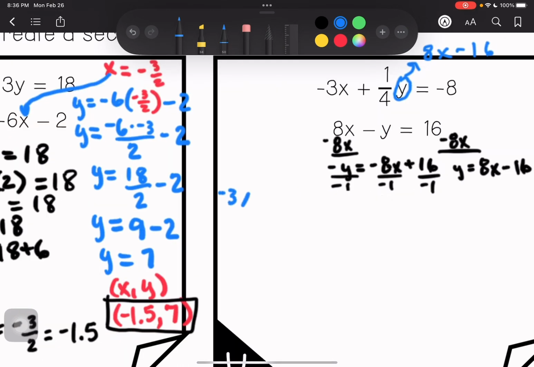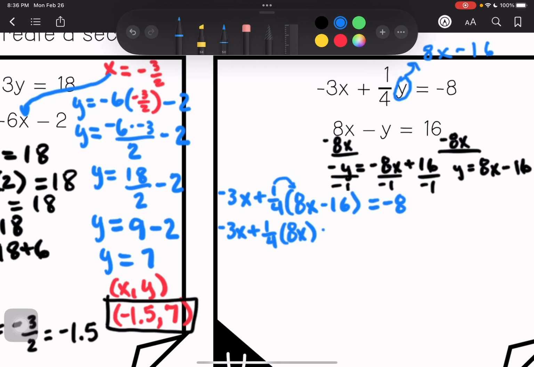Negative 3x plus 1/4, and my y is 8x minus 16, equals negative 8. So it gives me negative 3x plus 1/4. When I distribute this, 1/4 times 8x minus 1/4 times 16, that equals negative 8.